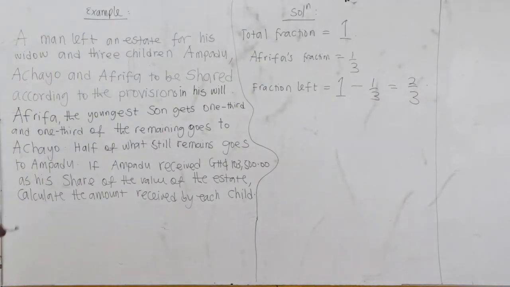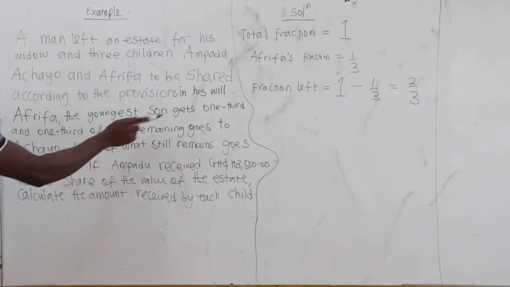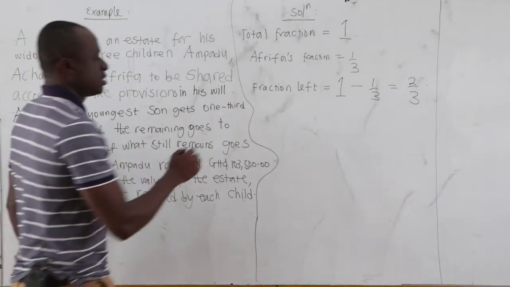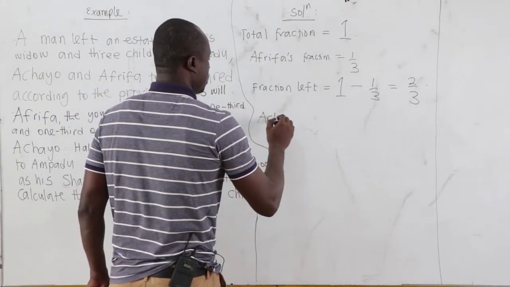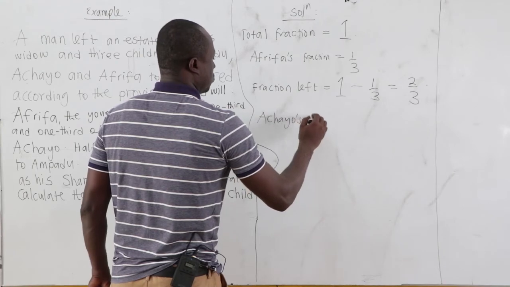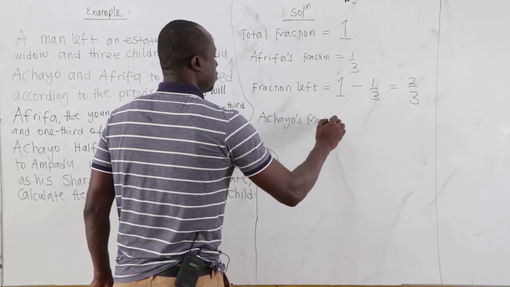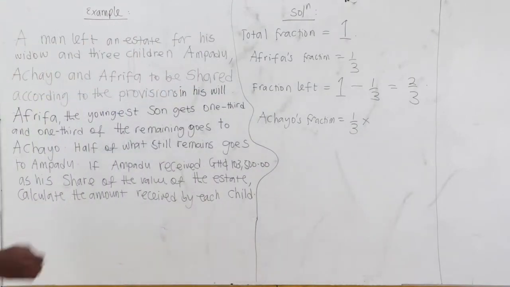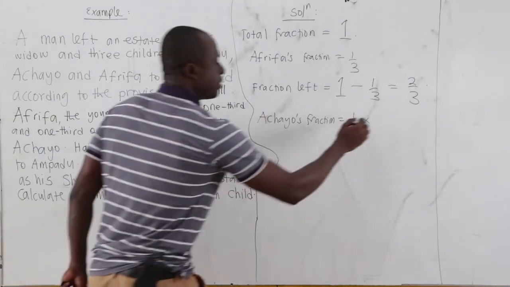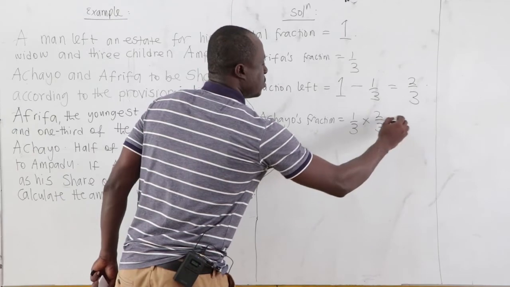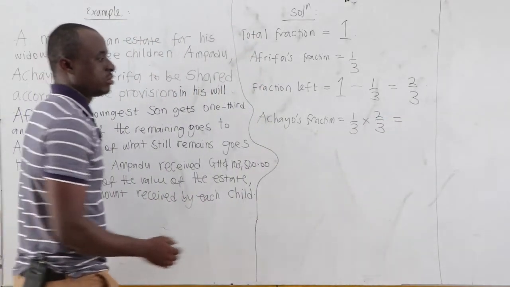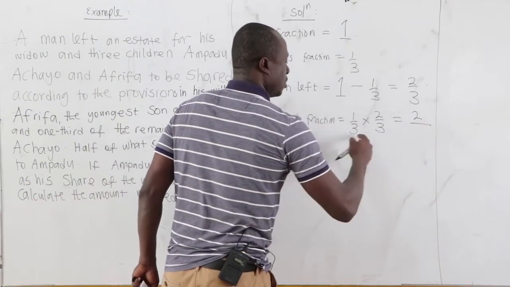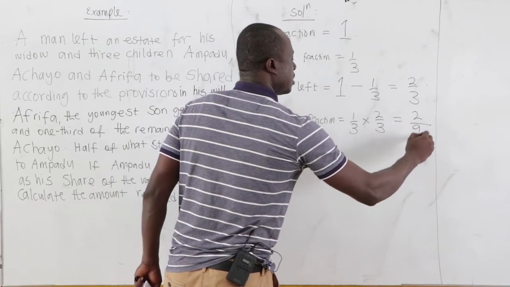Now let's continue. It says that, and 1/3 of the remaining goes to Achayo. So Achayo's fraction. Now we are being told 1/3 of the remaining. The remaining is 2 over 3. So 1/3 of the remaining goes to Achayo. So 1 times 2, that is 2. 3 times 3, that is 9.